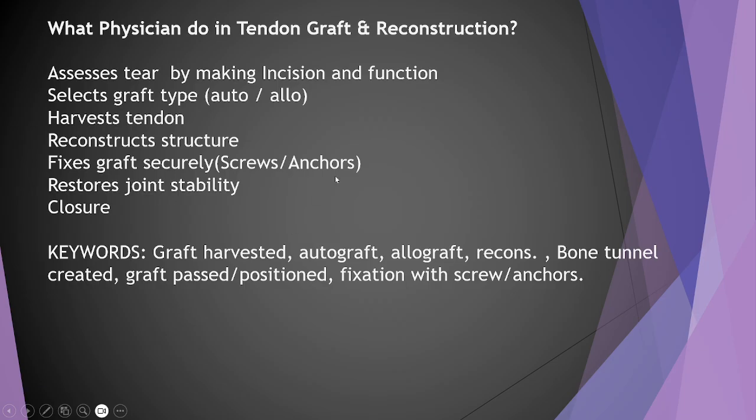So the keywords for tendon graft and reconstruction: graft has been harvested, autograft or allograft reconstruction, anchor screws used, bone tunnel created, graft passed or positioned, and fixation with the screws and anchors.